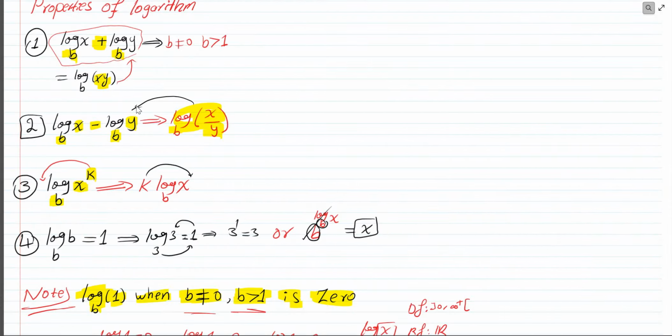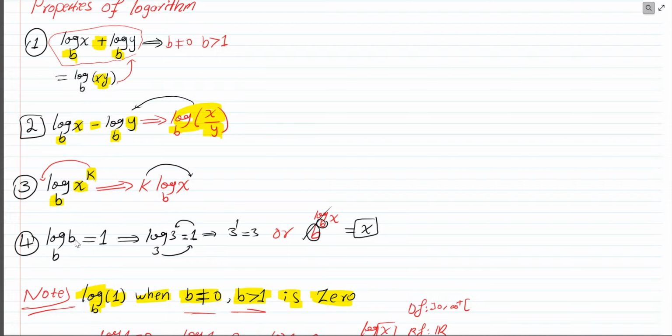Students, one more time, really quick, I'm going to remind you of all the properties. First one, when you have addition, you can multiply if you have the same base. If you have the same base in subtraction, you can divide the first one by the second one. If you have a power, you can move the power to the front, or conversely also.